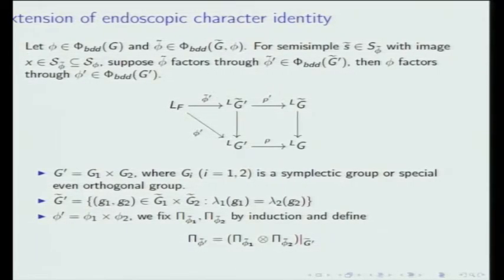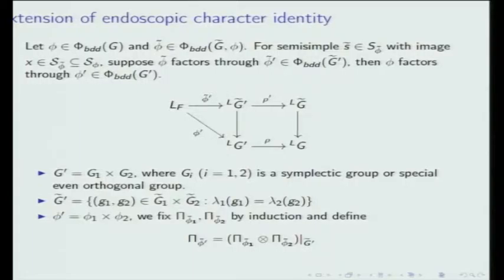And by induction, we can assume that we know how to construct the packet for G1 tilde and G2 tilde. And then we can define the packet for G tilde prime just by restricting the packet for G1 tilde cross G2 tilde to G tilde prime.